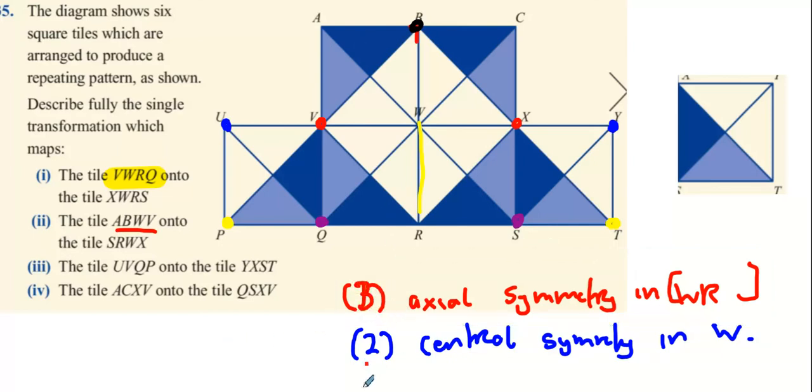Okay, and finally part 4. The tile ACXV onto the tile QSXV. Say that 3 times fast. Now let me see. ACXV is the big red rectangle here, and it maps onto QSXV.